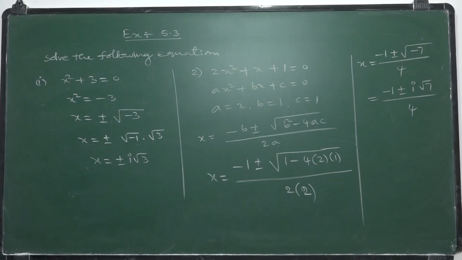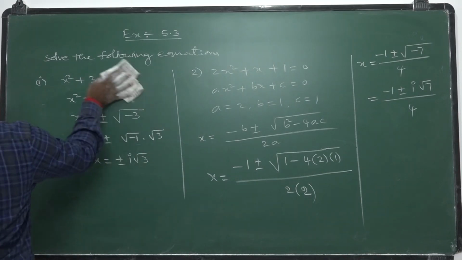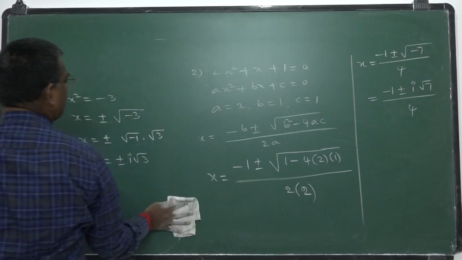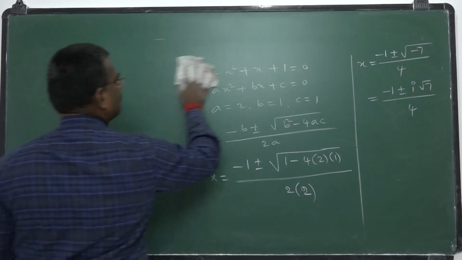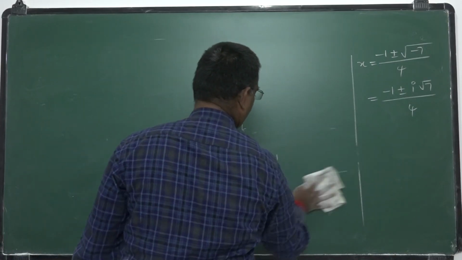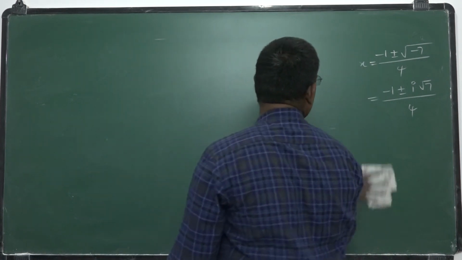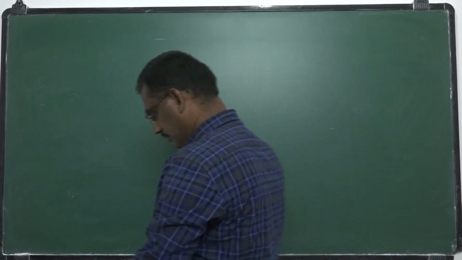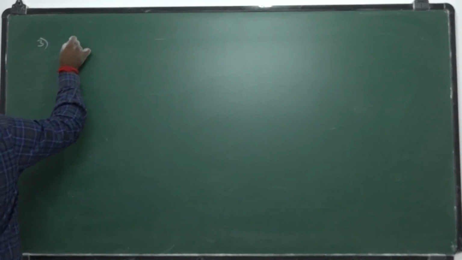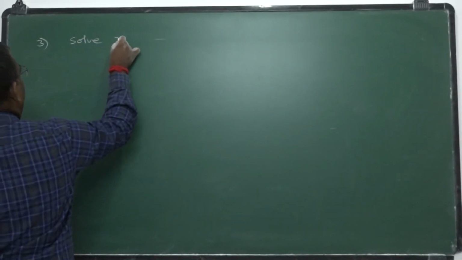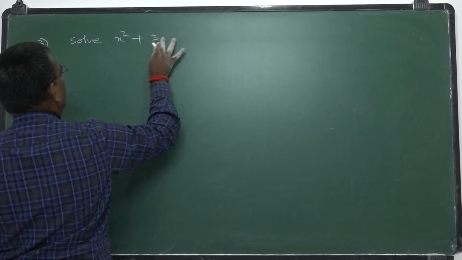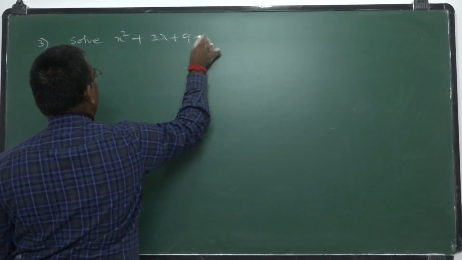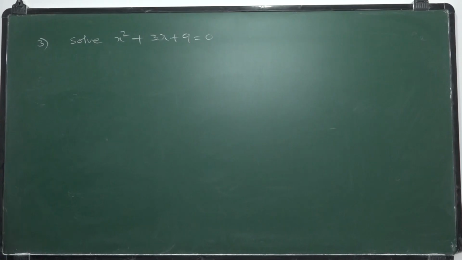Next, third problem. Solve the equation x square plus 3x plus 9 equal to 0.